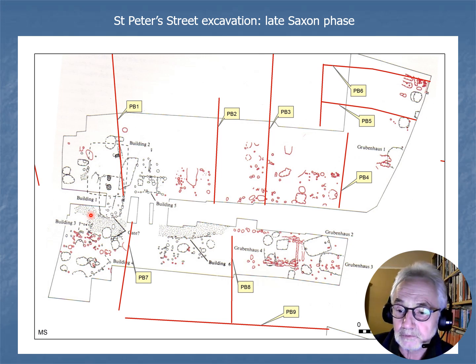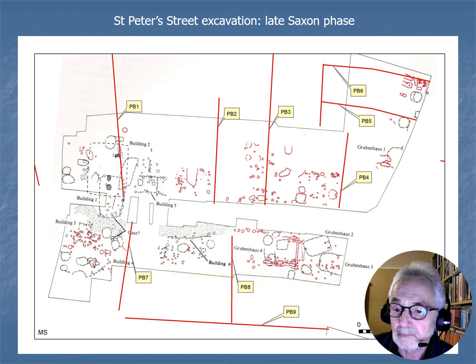In addition, although there is some metalling present, St. Peter Street has not been laid out at this period, and indeed building 1 lies across its line. The evidence suggests that, as at Hereford, there was a wholesale rearrangement of the urban landscape here in the Norman period.